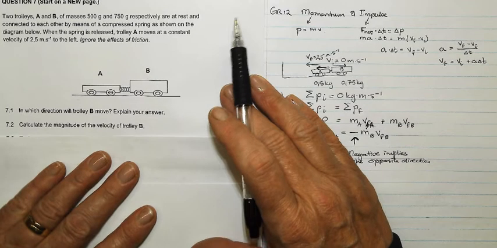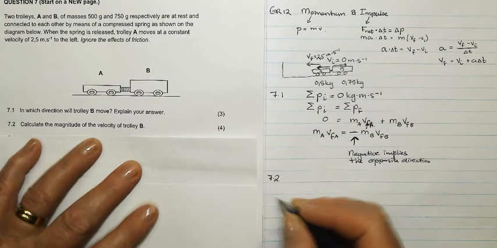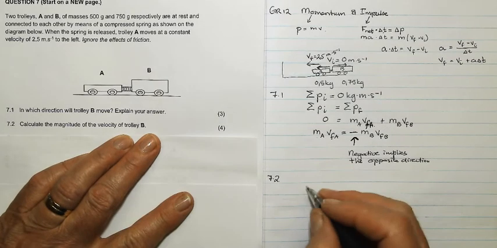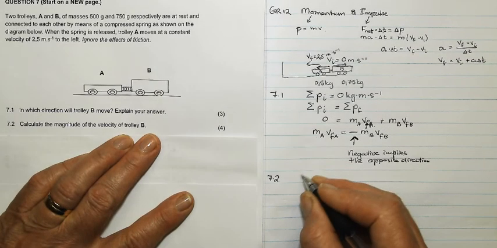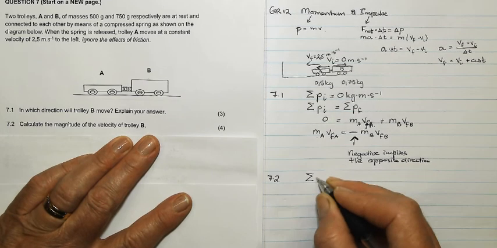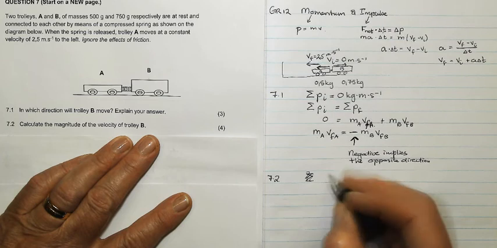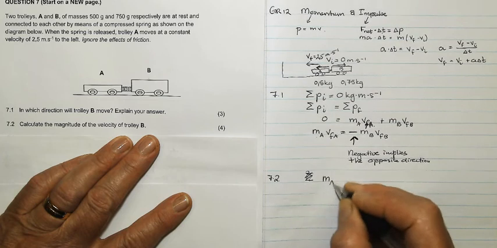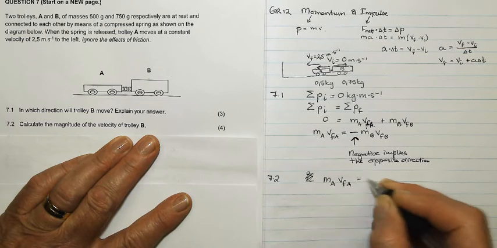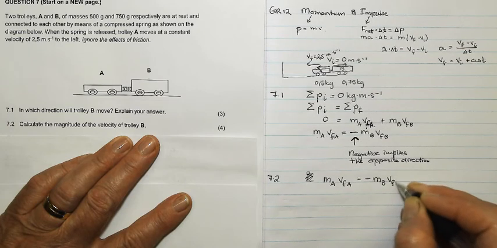Right, question 7.2. Calculate the magnitude of the velocity of trolley B. To be able to do that, we need to use the principle of conservation of momentum. Now we already know that the mass of A times its final velocity is negative the mass of B times its final velocity.